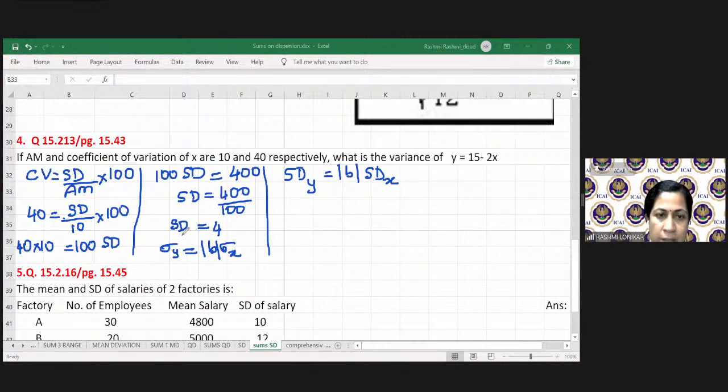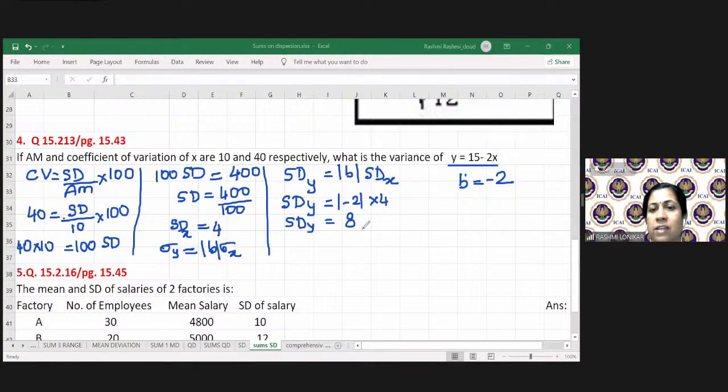Now the standard deviation of x came as 4. Where will b come from? This equation is given. So from it, how much is b? b is equal to -2. So standard deviation of y is equal to mod of -2 into standard deviation of x, which is 4. So this is 2 into 4, 8. Standard deviation of y is equal to 8. Now what is variance?